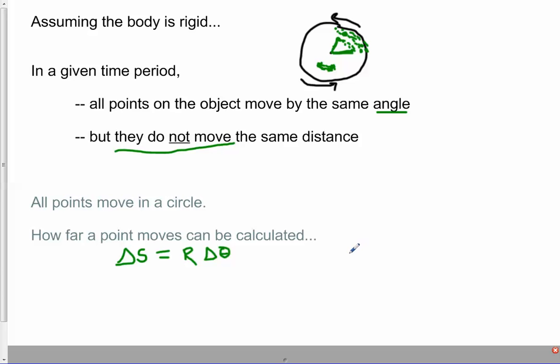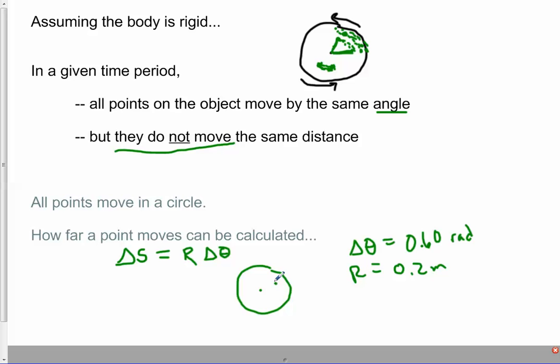Okay, so if you're on a record that's spinning and the record spins let's say 0.60 radians, but you're a little speck of dust that is 0.2 meters away from the center. So you're like right here.